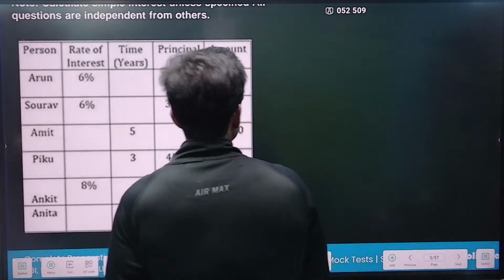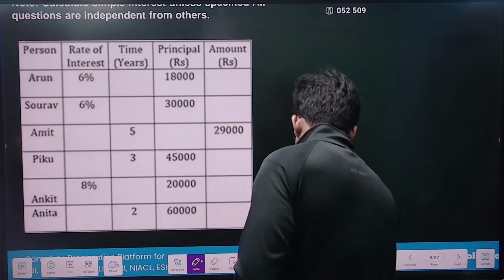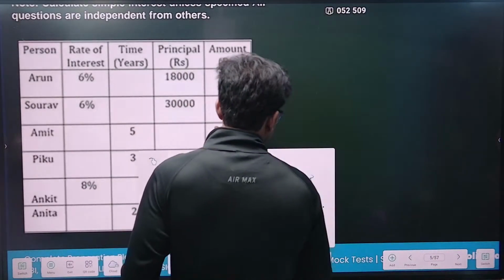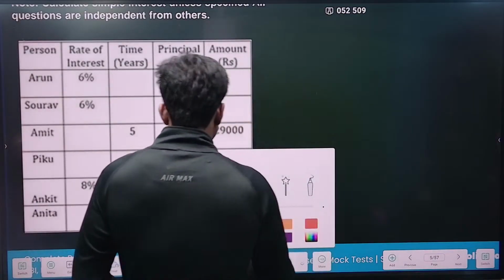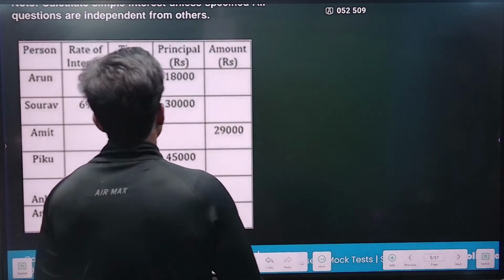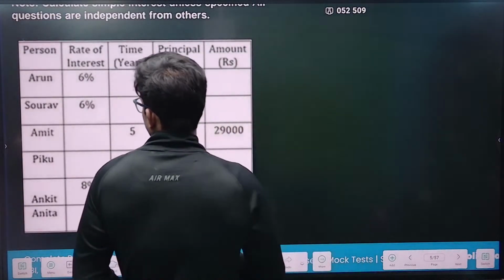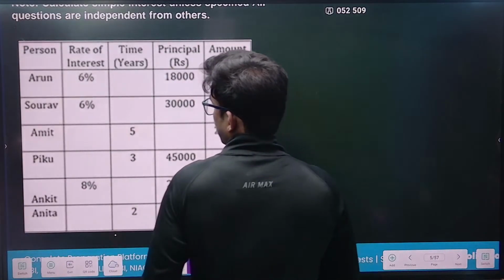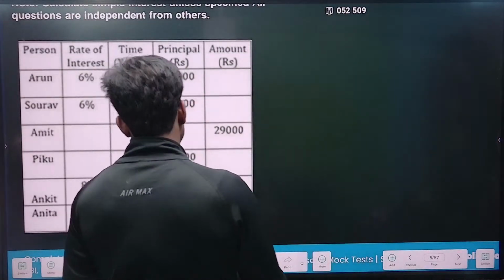So basically, just before going to the question, I know in which manner this format of question can be answered. First of all, what can they ask? They can relate the question, because in some of them interest is given, in some of them a time period is given, and principal is almost given for everyone.